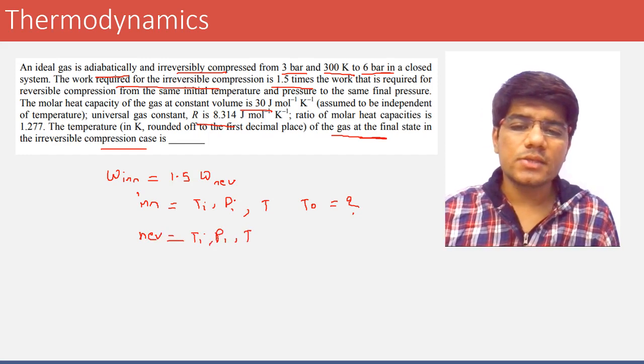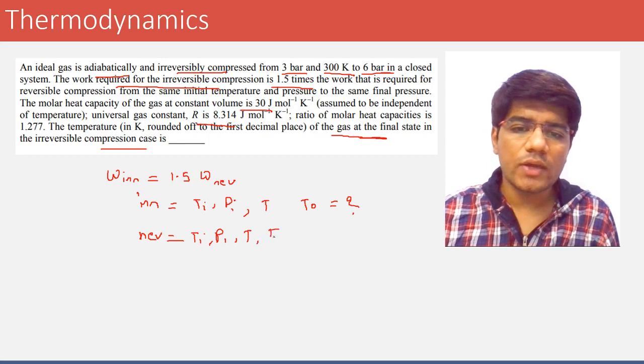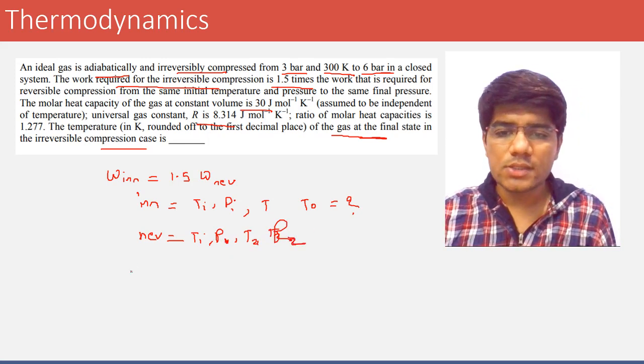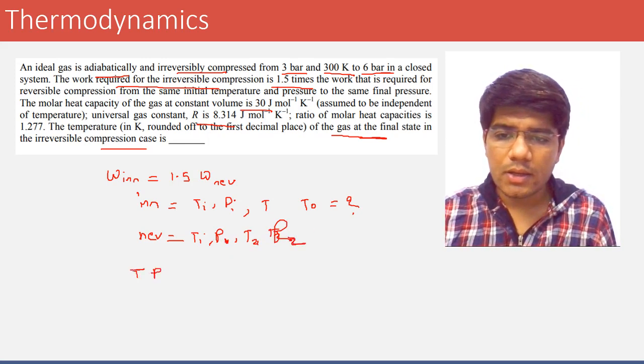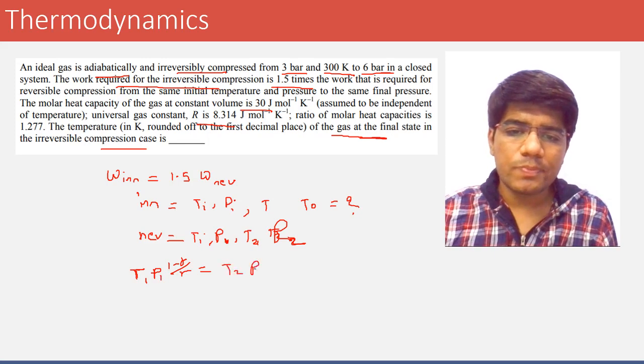So how can we find T2? T1, P1 are given, T2, P2. We can find it using T P to the power (1 minus gamma) upon gamma equal to constant.